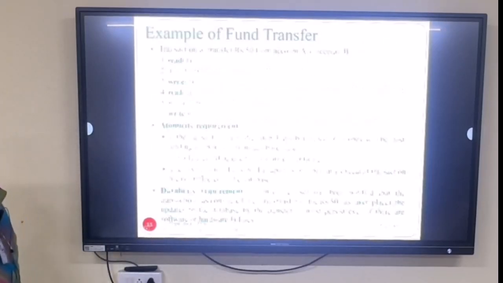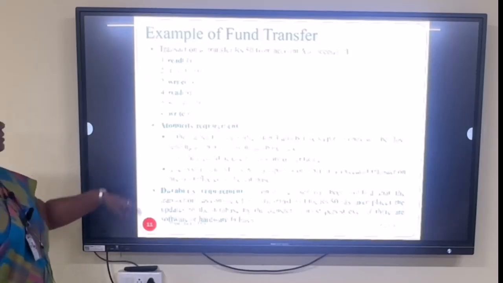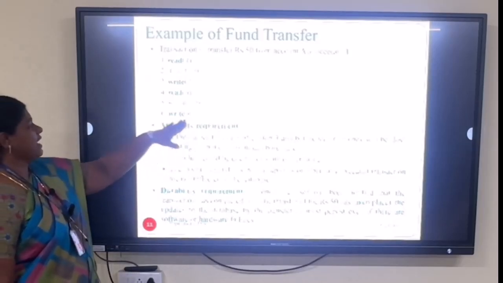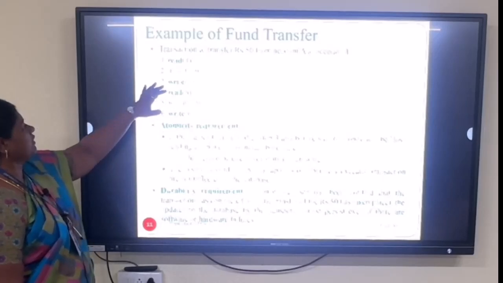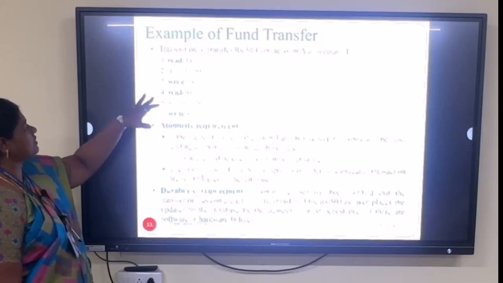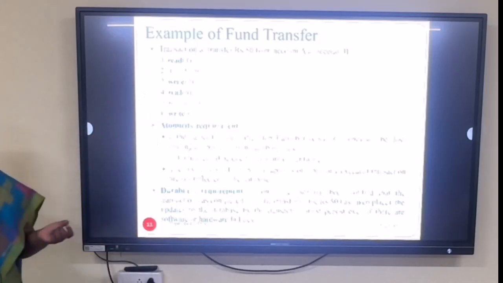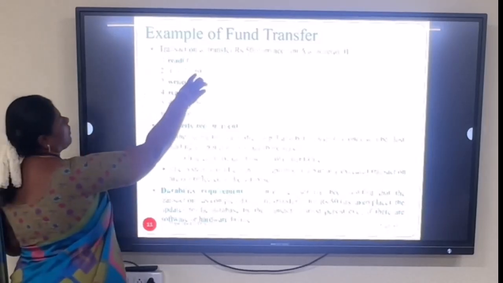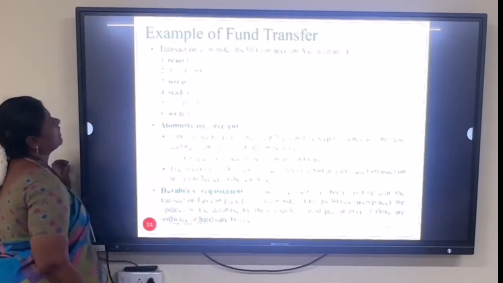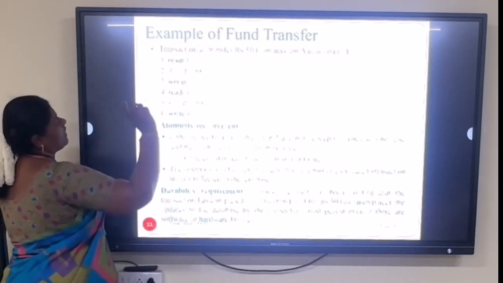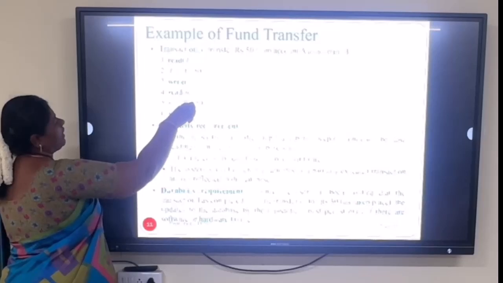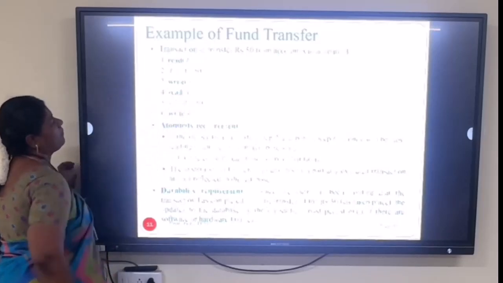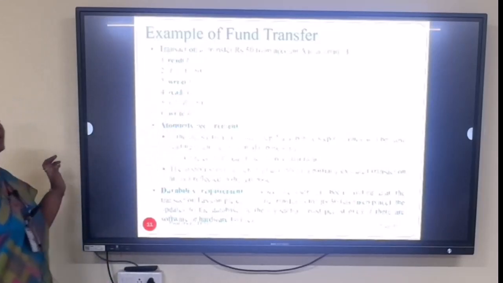Again the same fund transfer example is shown, because of atomicity. In step 3, if a problem occurs after step 3 and before step 6, what happens? The amount has been reduced from account A, but before reading or adding the amount to account B, the system has crashed.